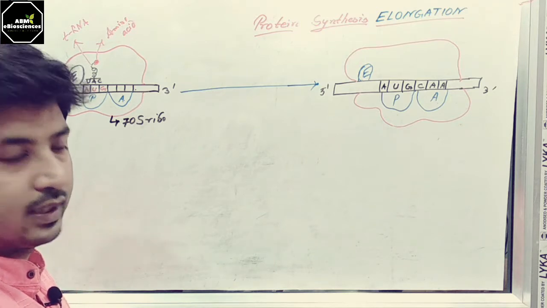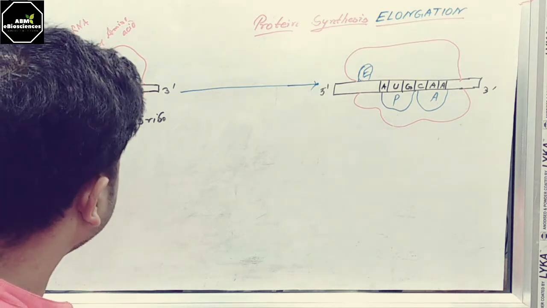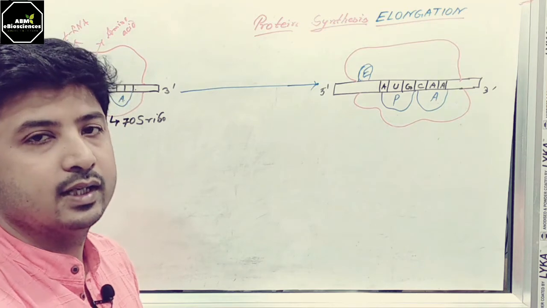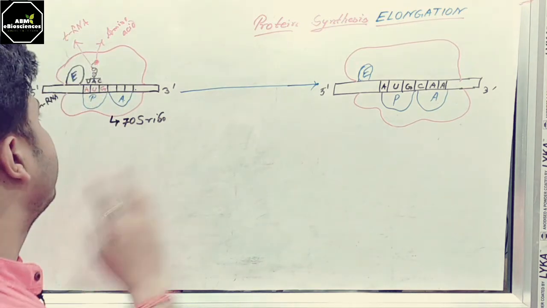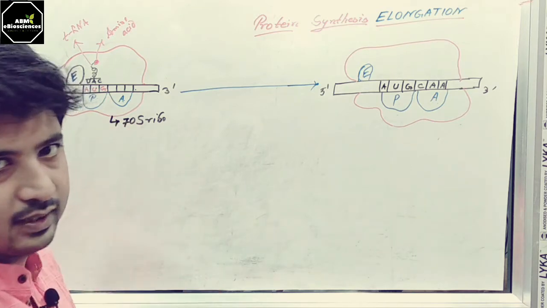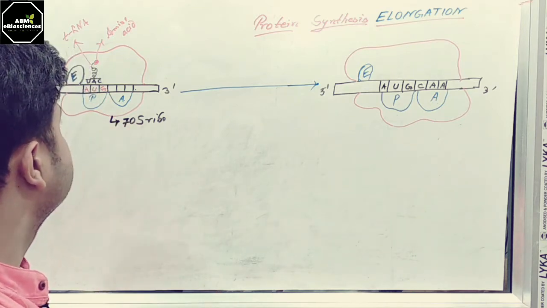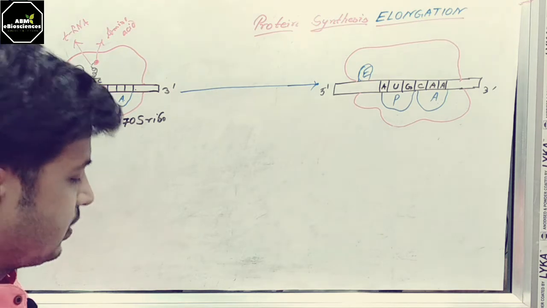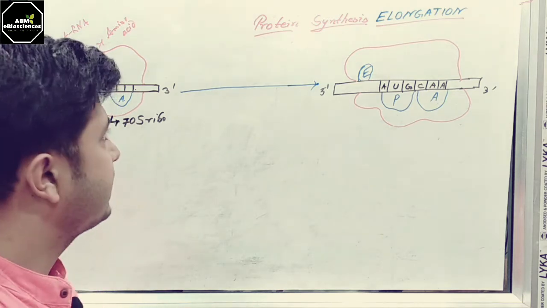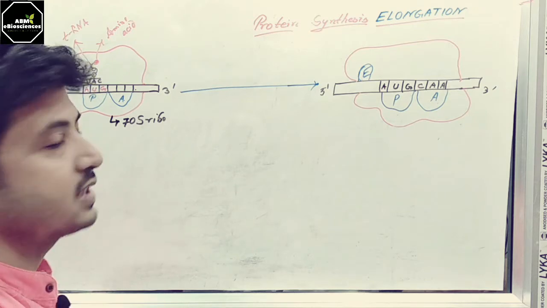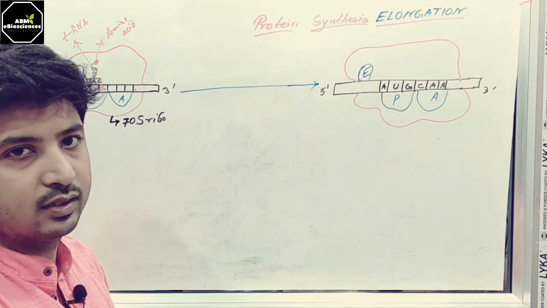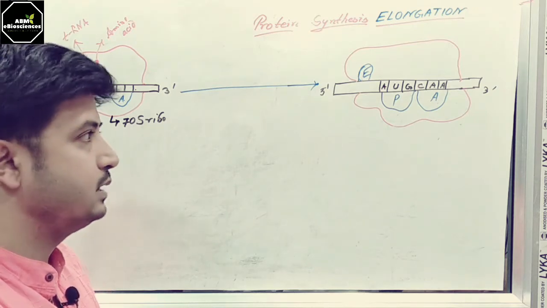So it is the initiator tRNA with the initiator amino acid that is already present, as you have seen in the initiation complex. Now, as I told you that day, the next amino acids will bind towards the A site, that is the aminoacyl site. Suppose one amino acid is coming; it doesn't just attach itself, and the ribosome cannot just add it. It needs energy, and the energy comes from GTP.